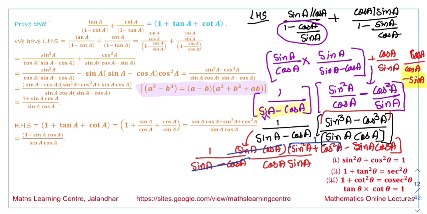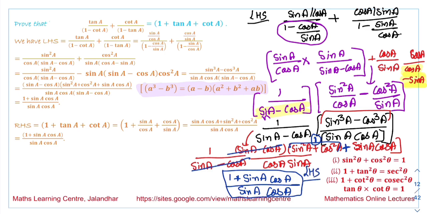Sin square A plus cos square A is equal to 1. So what we get is 1 plus sin A cos A over sin A into cos A. The sign here is plus, not minus. So this is the value of our left hand side.